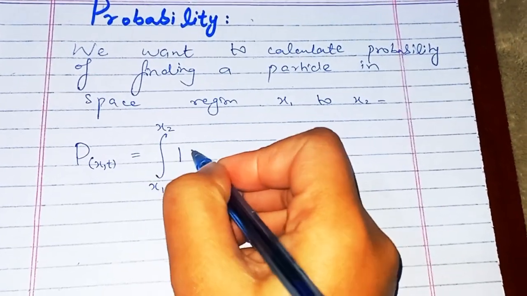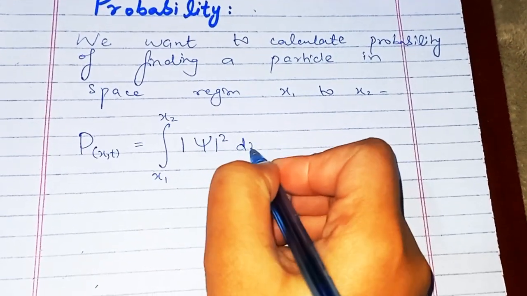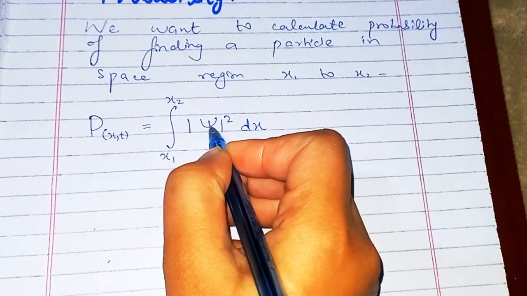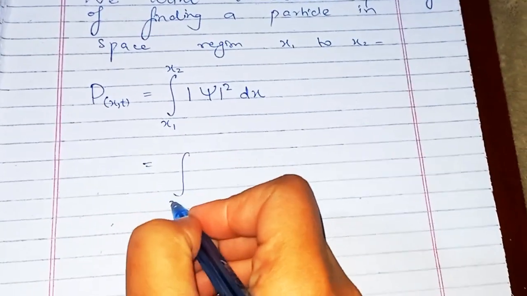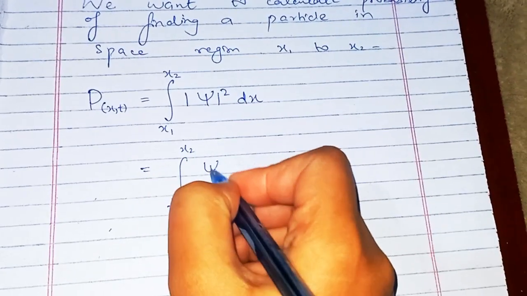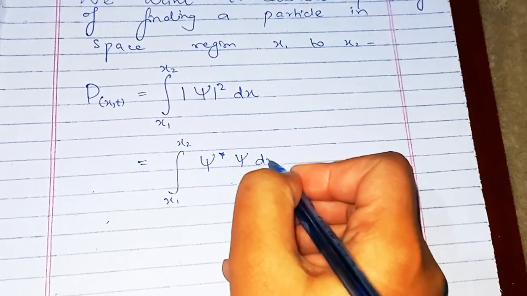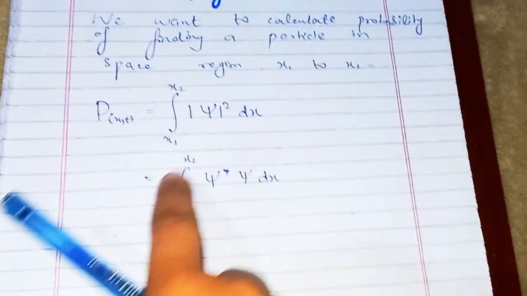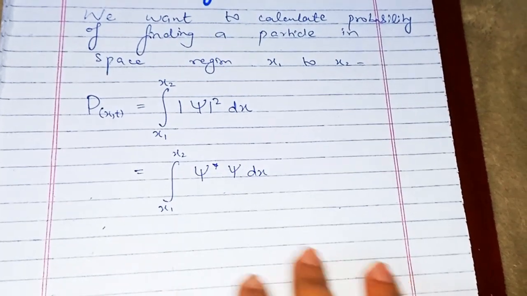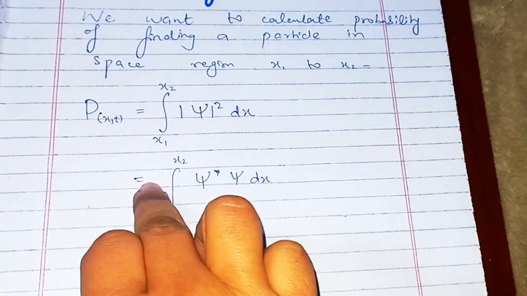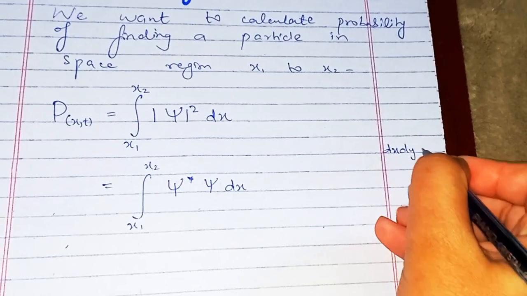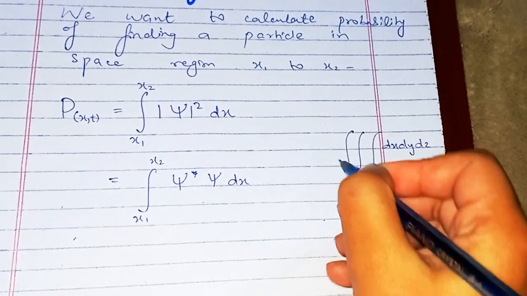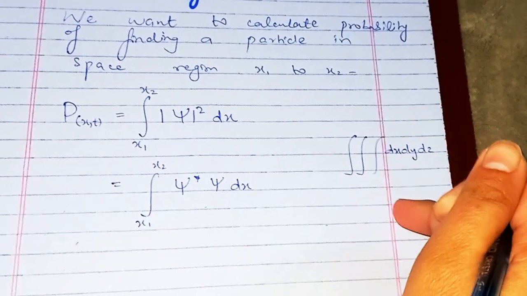So that is equal to this integral. Okay, and we know that this thing is the square modulus of the wave function. So we can open it up into psi star psi and dx. Since it's the 1D case, that is why I took dx. If it's 2D, use dx dy and two integrals, and if it's 3D, use three of them and three integrals, and three different limits will be applied.